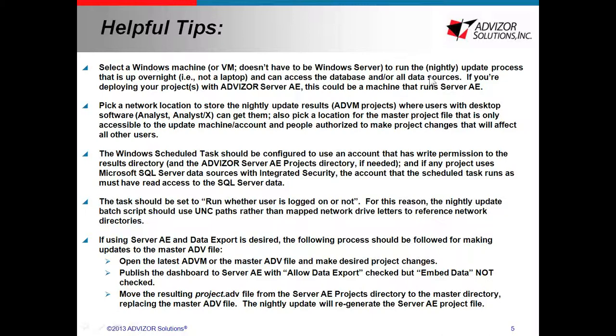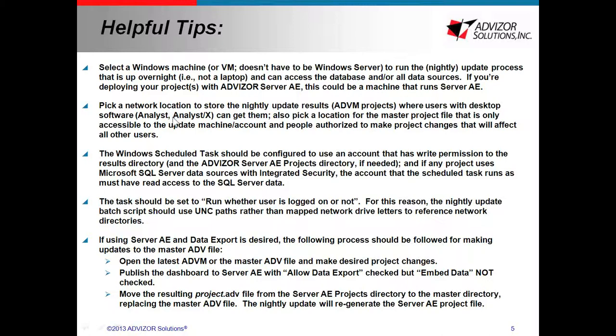So if you're loading from Oracle tables, this thing needs network path to Oracle with the logon credentials. If you're also loading Excel files, it needs network path to wherever these Excel files are, and they should be there, etc. If you're deploying your project with Advisor Server AE, this could be the same machine that runs Server AE. So this just needs to be a Windows file server, but it needs to be on and it needs to have network access.